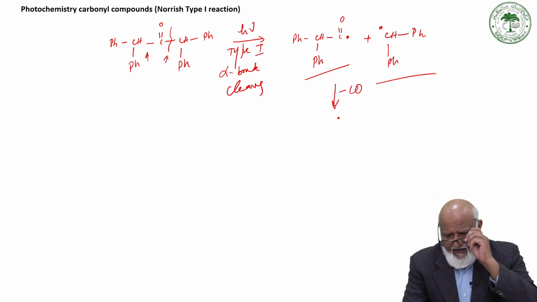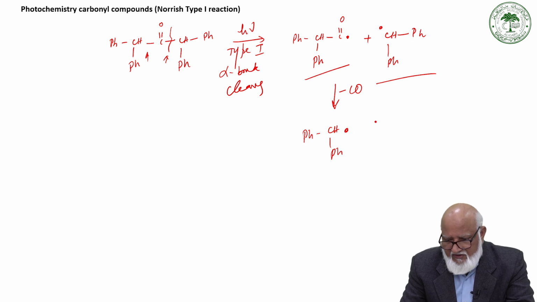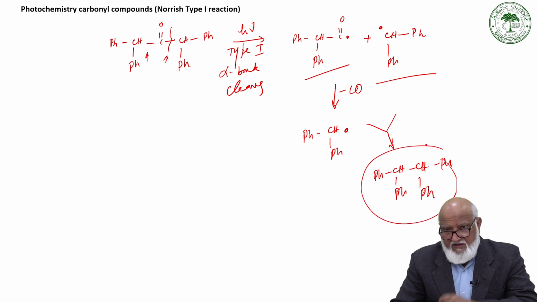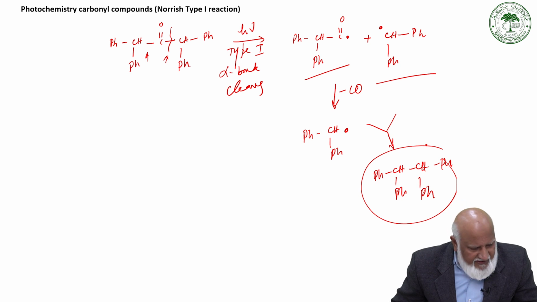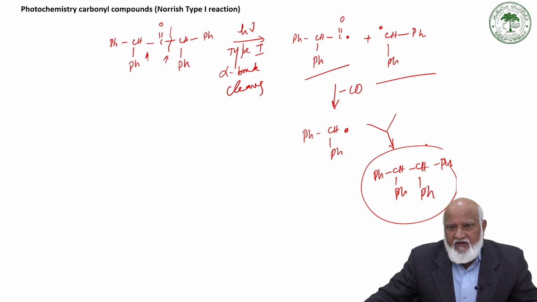It will lose CO to give the pH, CH, pH radical, and then of course the radical coupling is going to give CH, CHPH. This is one of the most probable products formed during the photochemistry of this ketone, and the product has been well established.